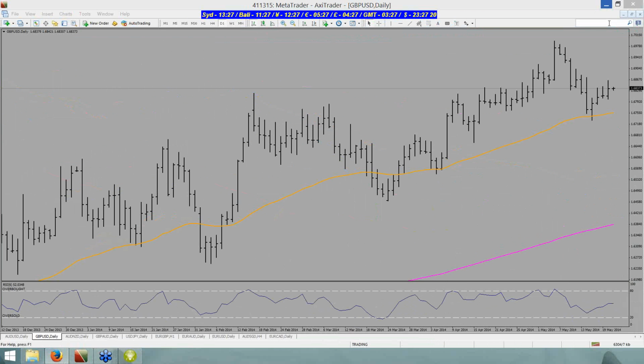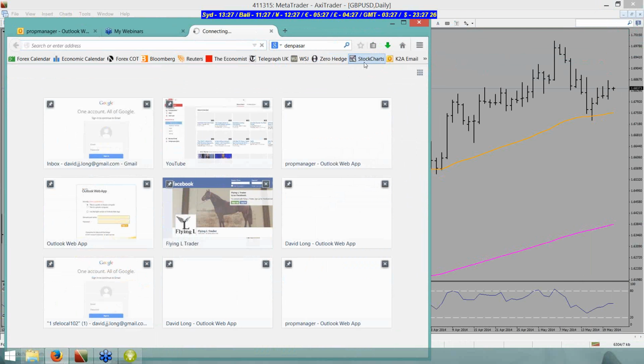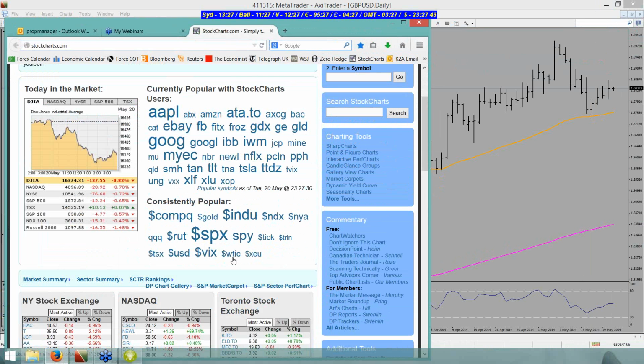Another place to find it is, if we go to stock charts, eSignal has it as well. It might be on a delay. Yeah, so if you come in here, you'll see dollar index. Where'd you go? US dollar. There we go.